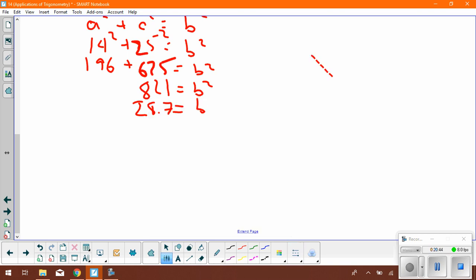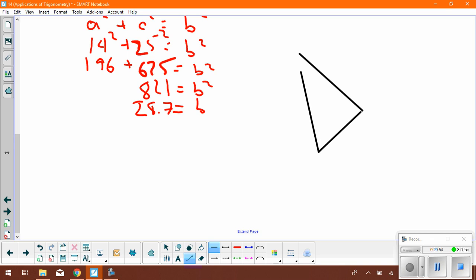Right, so this is the triangle we ended up with. We have 28.7, this one was 25, this one was 14, and we learned this was a right angle.